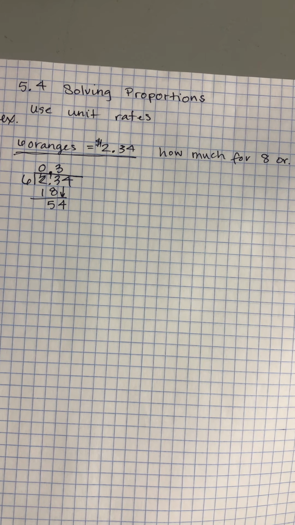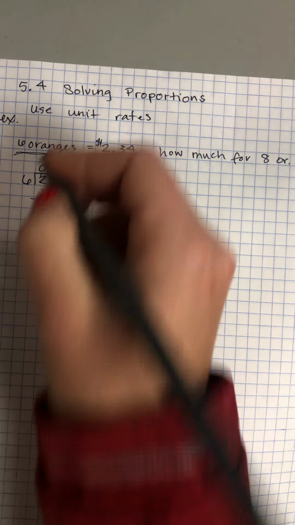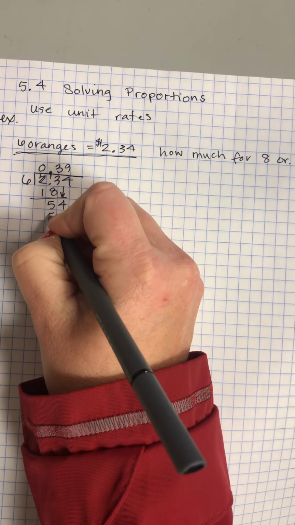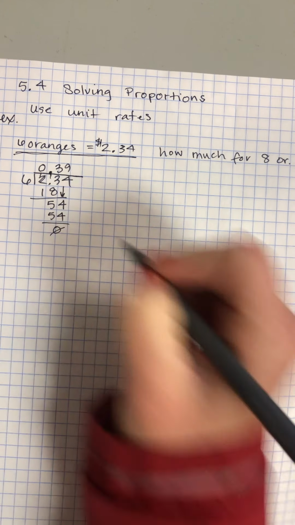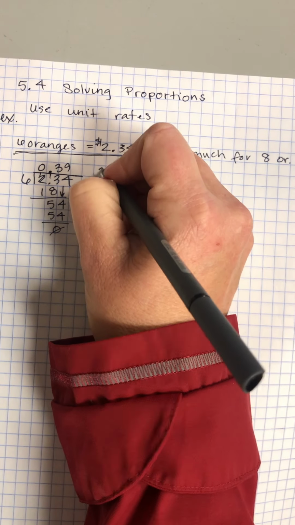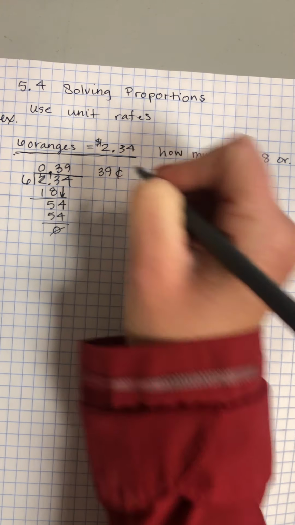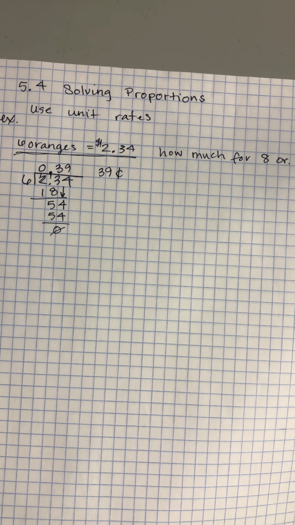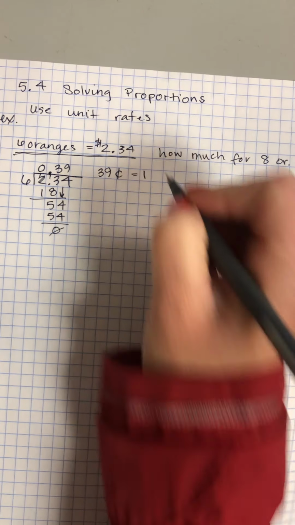How many times does 6 go into 54? Even, right? So 39 cents is what? The cost for 1, right?